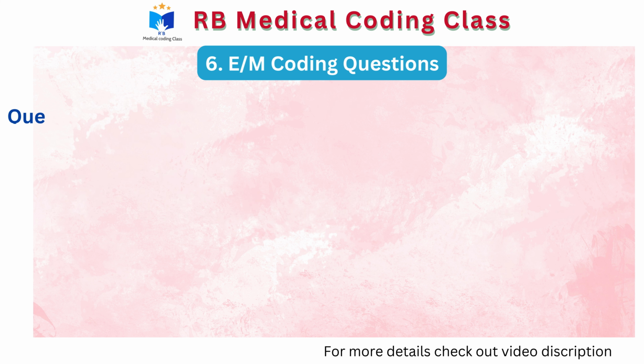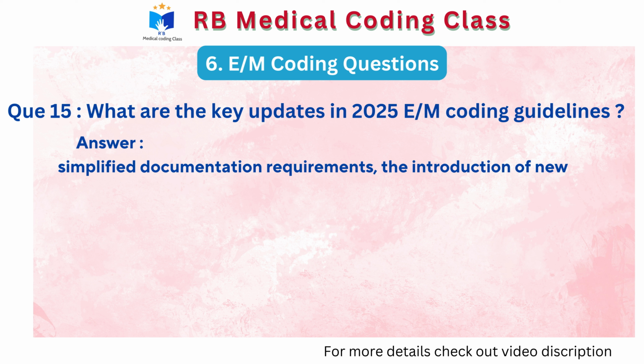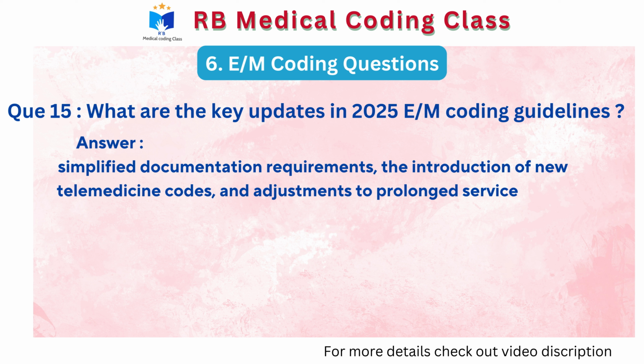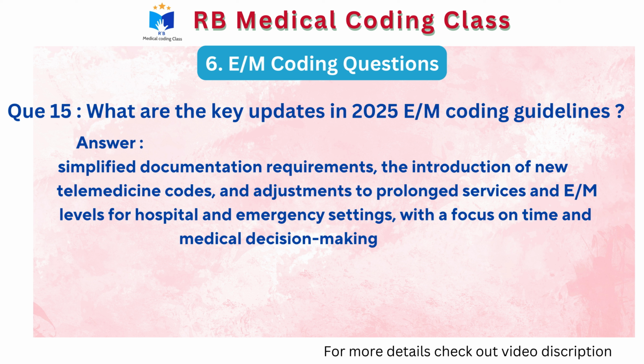Question 15. What are the key updates in 2025 E/M coding guidelines? Answer. Simplified documentation requirements, the introduction of new telemedicine codes, and adjustments to prolonged services and E/M levels for hospital and emergency settings, with a focus on time and medical decision-making, MDM.